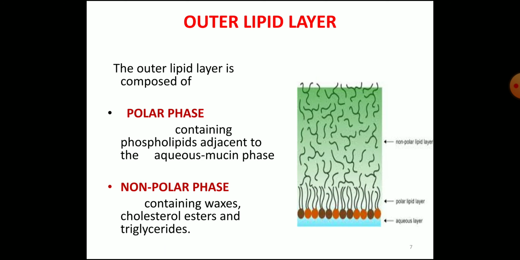Now we'll pass on to each layer. The outermost layer is the lipid layer. The outer lipid layer is composed of two phases, that is the polar phase and the non-polar phase. The polar phase contains phospholipids adjacent to the aqueous mucin phase.